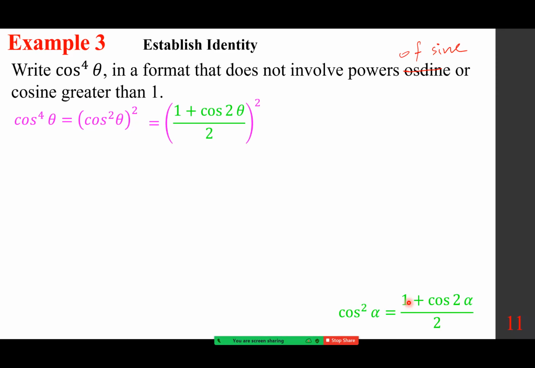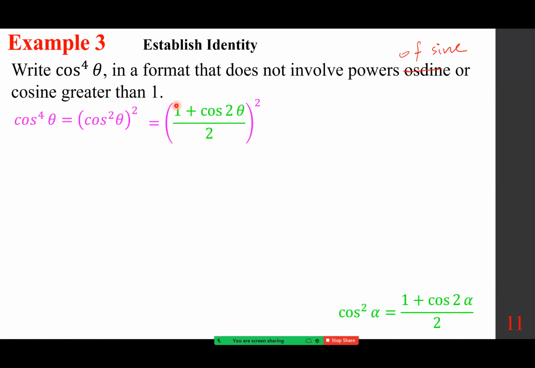So we're going to write 1 plus cosine 2 theta over 2 quantity squared. We are going to square the parentheses. And when we do that, first and foremost, the denominator becomes 4, okay? So we have 1/4 of whatever is at top.